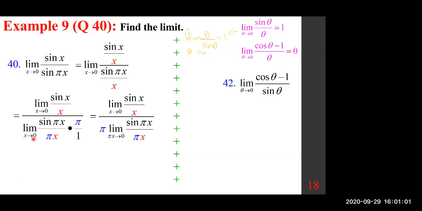If x approaches 0, pi times x also approaches 0. Now, this pi x and pi x and pi x, they're all identical. You can change them to theta or don't. This thing goes to 1, this thing goes to 1, and you get 1 over pi.